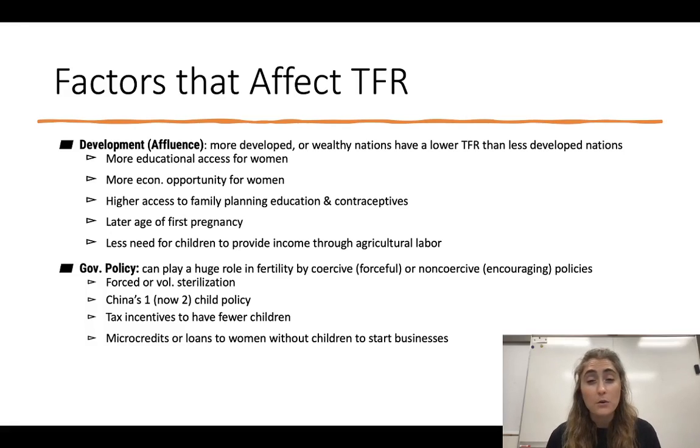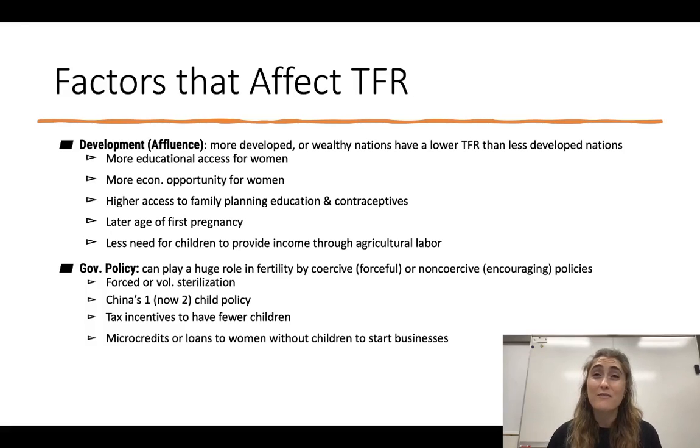Other things that can affect total fertility rate are government policies. So you guys have probably heard that China had that one child, it's now two-child policy, where they were limiting the amount of children or offspring that people can have. That is probably the most widely known example. There are other examples of countries or governments sort of regulating fertility, either through forced or voluntary sterilization, so preventing people from having children at all.